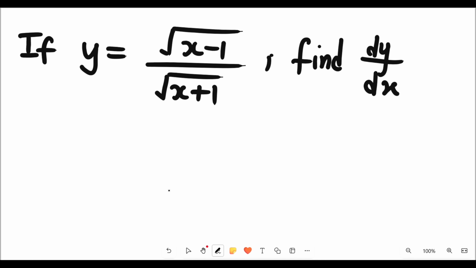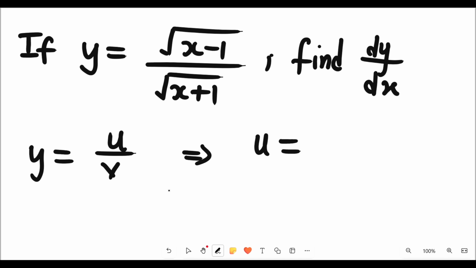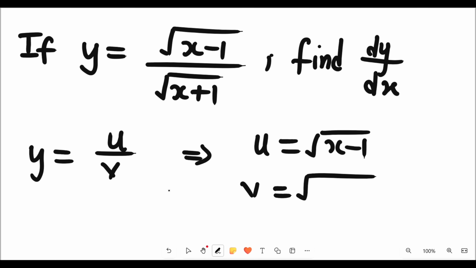So we have y equal to u over v. This implies that our u will be equal to the square root of x minus 1, and our v will be equal to the square root of x plus 1.